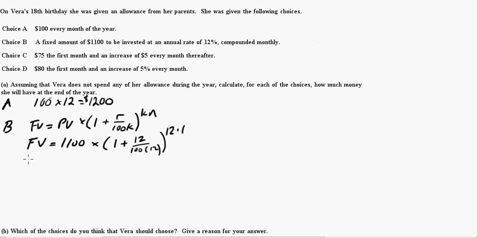If you were to simplify this, you would get 1,100 times, 12 over 1,200 is 0.01, so plus 1. Doing all that in the brackets, you get 1.01 raised to the 12th power.